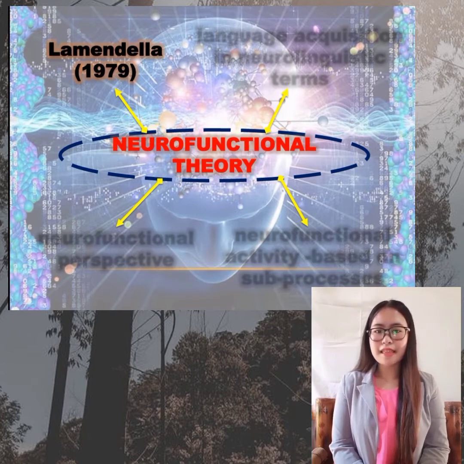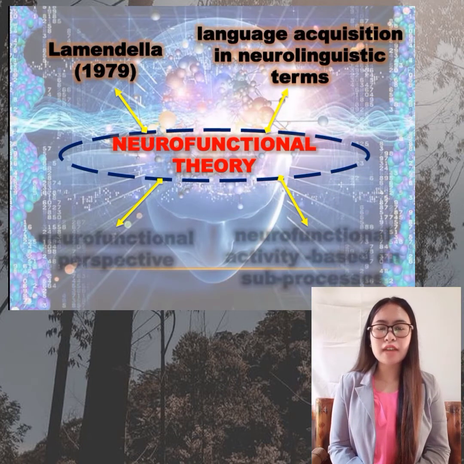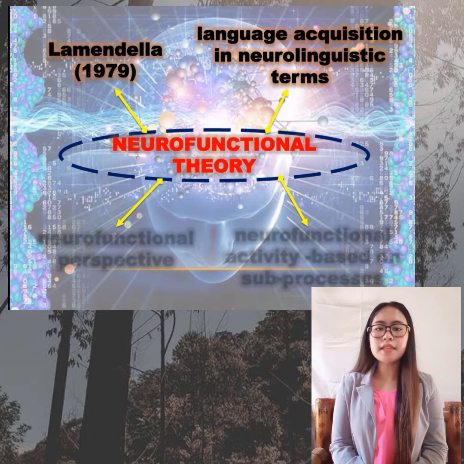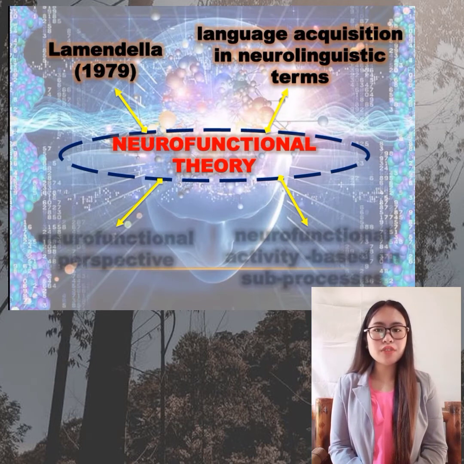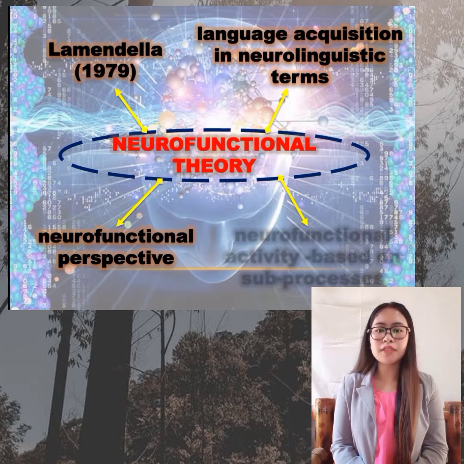He stated that this theory explains language acquisition using neurolinguistic terms as well as a neurolinguistic perspective on language that attempts to characterize the neurolinguistic information processing system that's responsible for the development and the use of language.